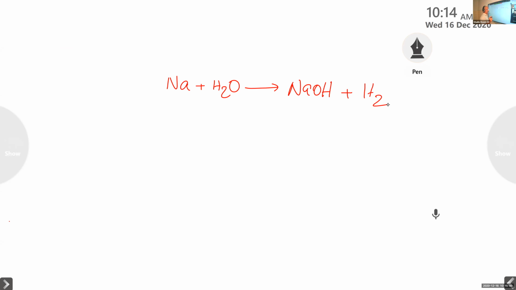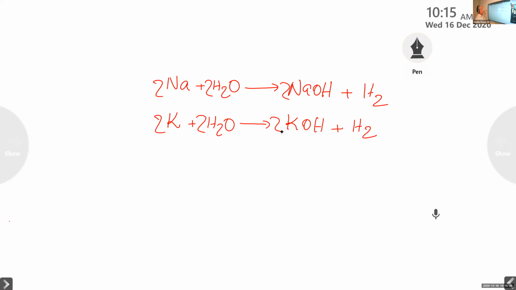Similarly, potassium reacts with cold water with the formation of potassium hydroxide, KOH, plus hydrogen gas. To balance the equation, you can write 2Na, 2H2O, 2NaOH. Here also 2K, 2H2O, and 2KOH. There is formation of the corresponding metal hydroxide.